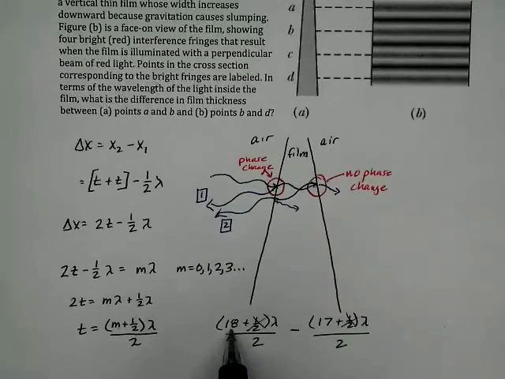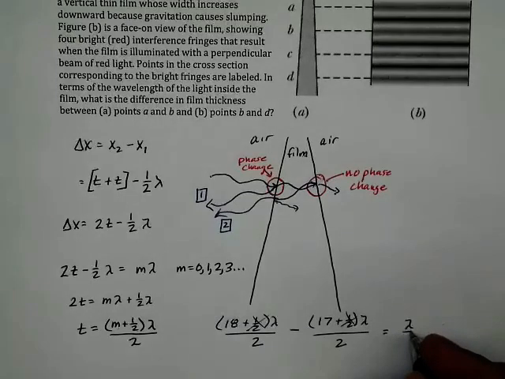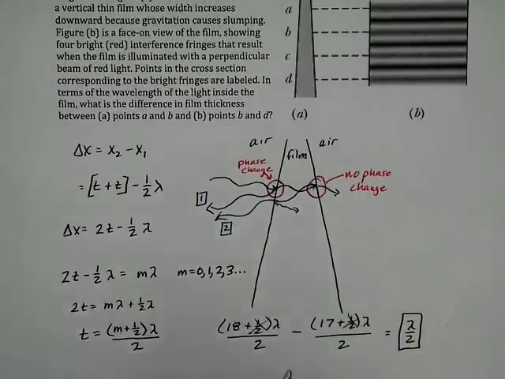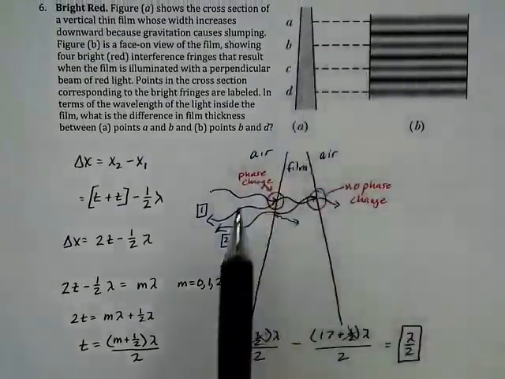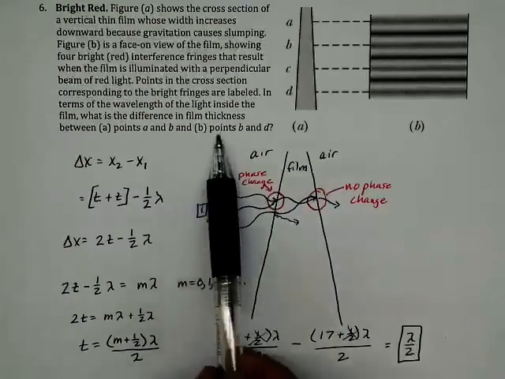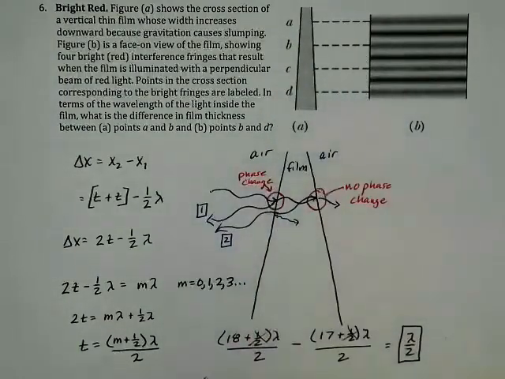And I'd be left with 18 halves of a wavelength minus 17 halves of a wavelength, which would be 1/2 of a wavelength. So between consecutive bright fringes, they would be 1/2 of a wavelength difference. B and D skips C in here, so because B and D are separated by another bright fringe, the difference between B and D would be a whole wavelength of the light.